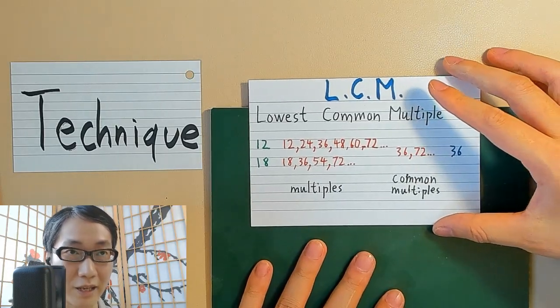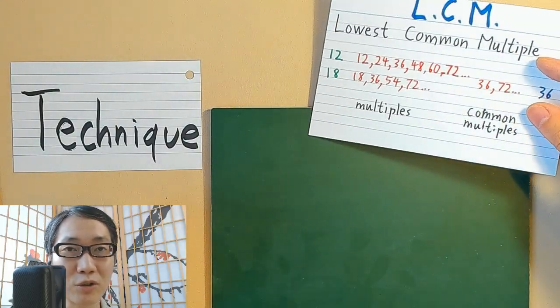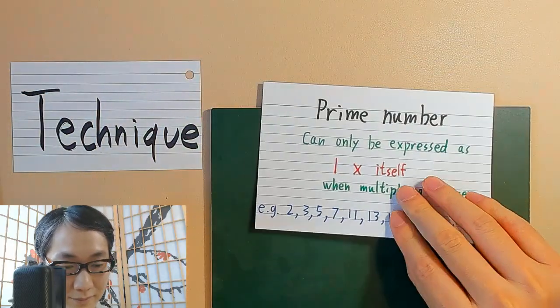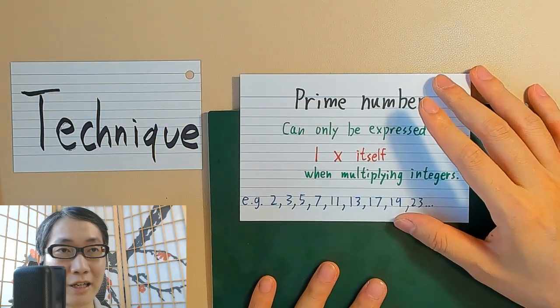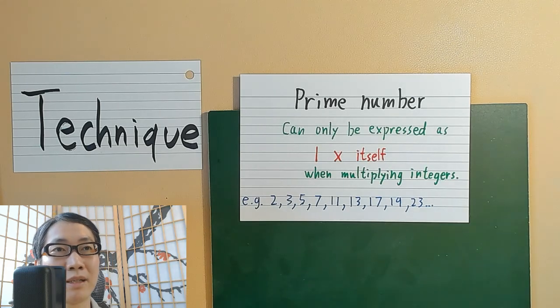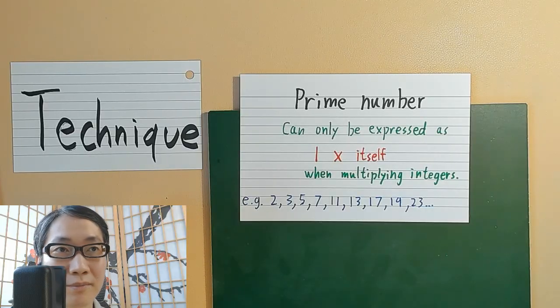For the second method, first we need to know what a prime number is. Among positive integers, a prime number can only be expressed as 1 times itself.